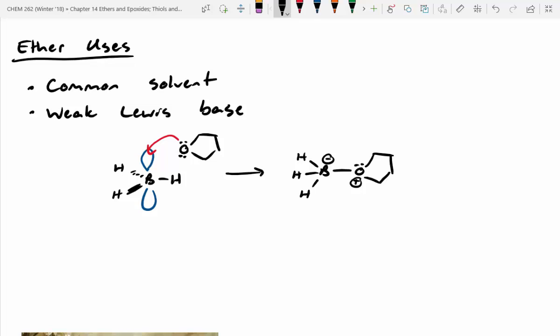All right, the reason we like using this as a solvent is it's fairly inert. What does it mean when I say inert? Yeah, non-reactive. Most of the time, your solvents that you use in organic chemistry, you don't want to do anything besides just be a medium for the reaction, right?